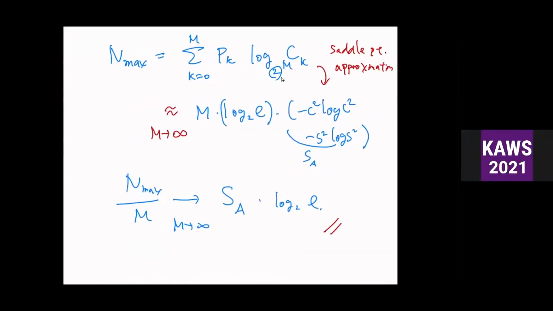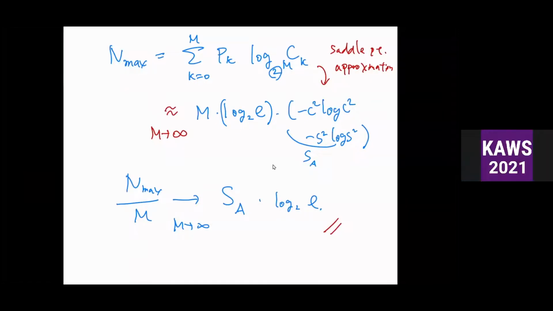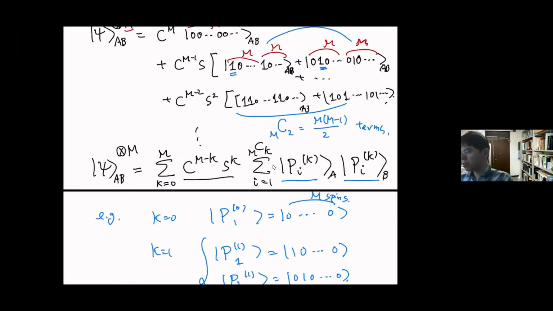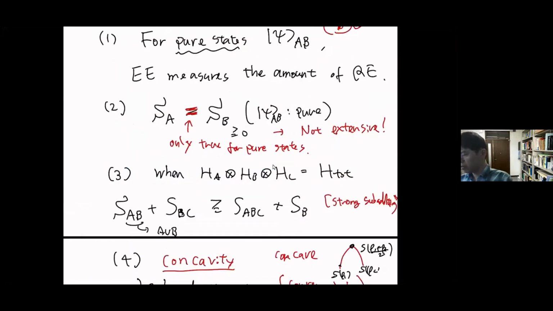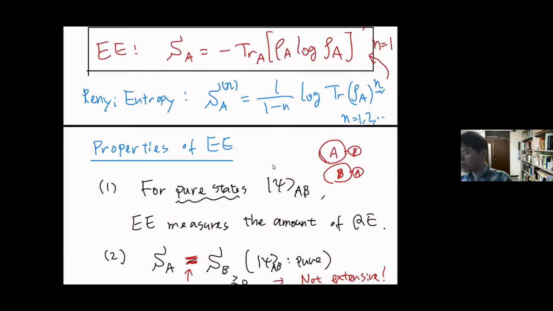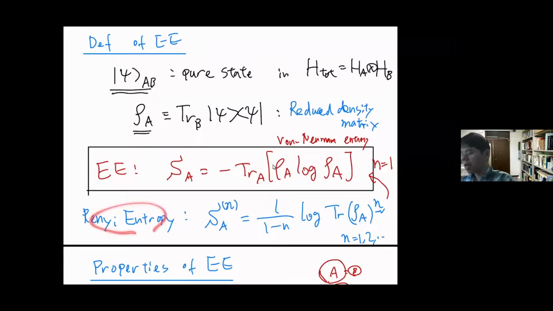I saw some question in the chat. I think this is about the replica trick and the limit. The question is about entanglement entropy: I said that we calculate the linear entropy for any n, and take the analytic continuation in n to get the entanglement entropy. Of course, for that we need an asymptotic condition.